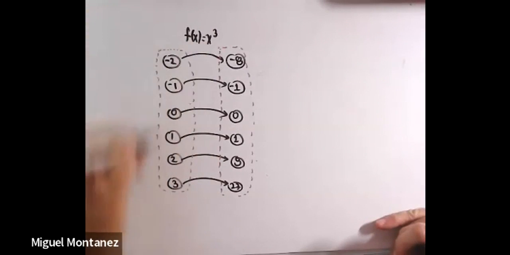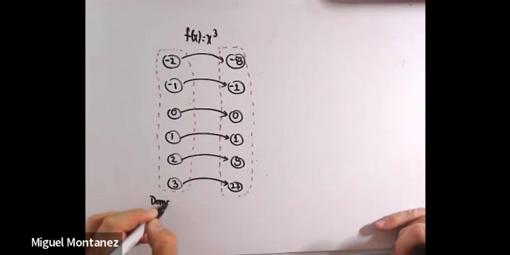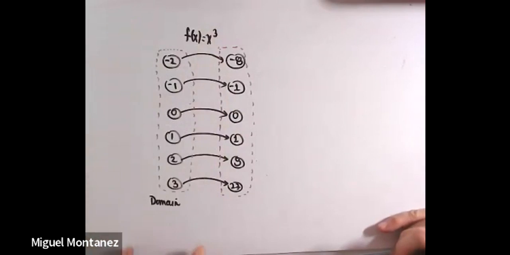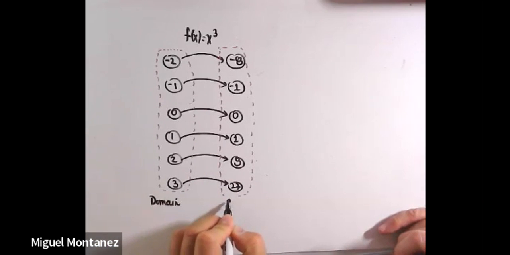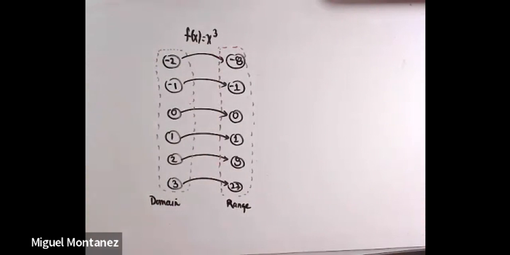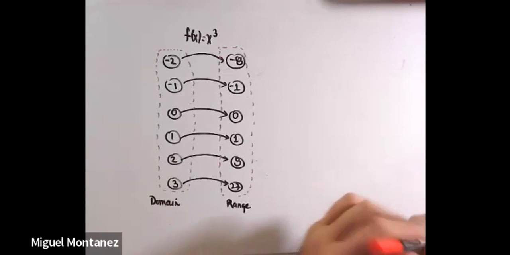Notice that the numbers on the left are the domain, the set of numbers. This is the domain of f of x, its input. And of course, here on the right-hand side, we have the range of f of x. Now, what does the inverse say?